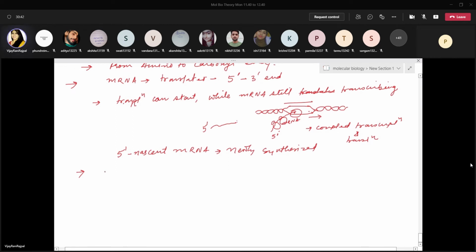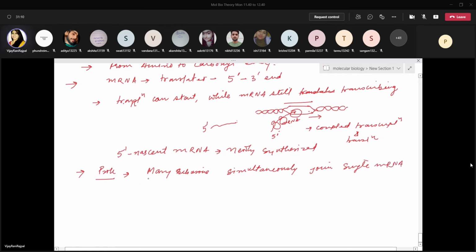Now, further, in prokaryotes, another interesting aspect is, many ribosomes can simultaneously, at one time, join a single mRNA. Look, I also made two.